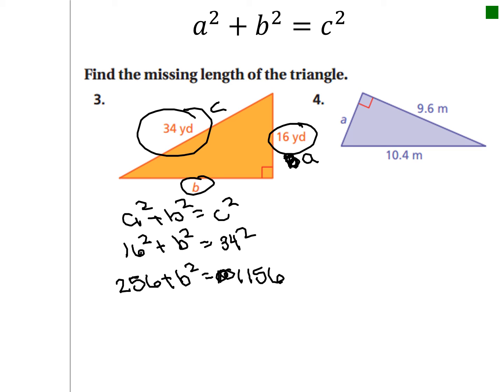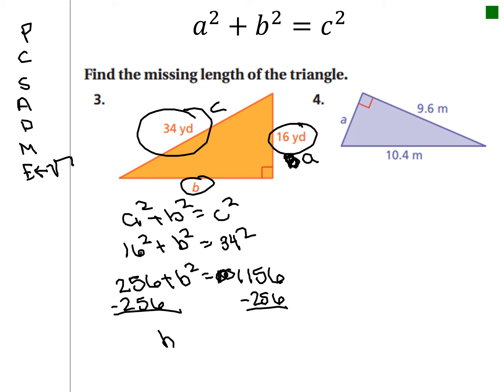No. So we're going to take away 256 from both sides. If you're asking yourself how I know how to do this, I'm going through PEMDAS, and remember, square roots fall under exponents. There's no parentheses, there's no like terms, there's addition and subtraction here with that 256 plus B squared, so I had to undo that.